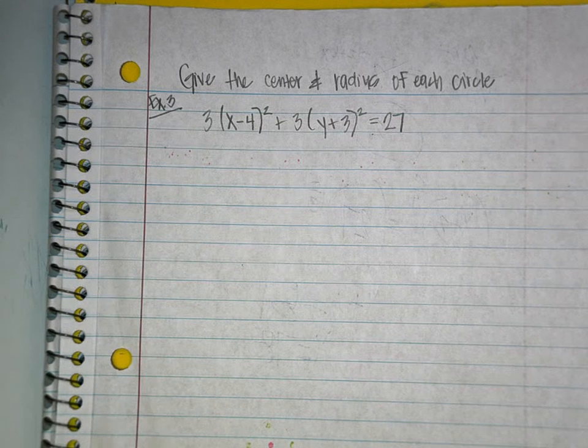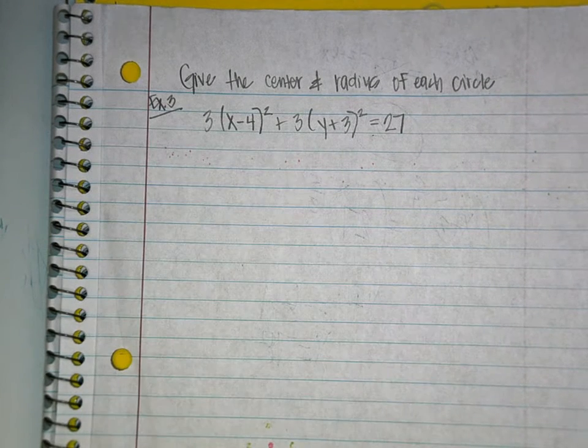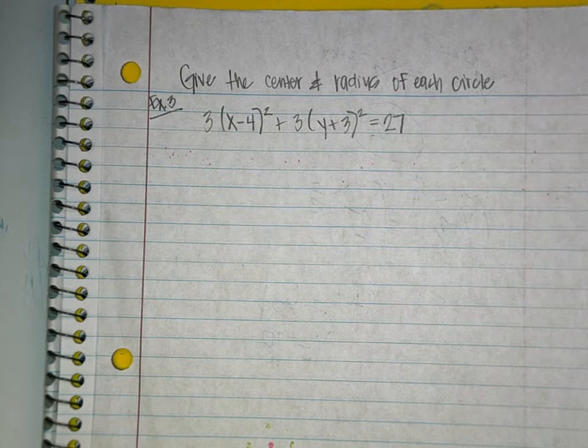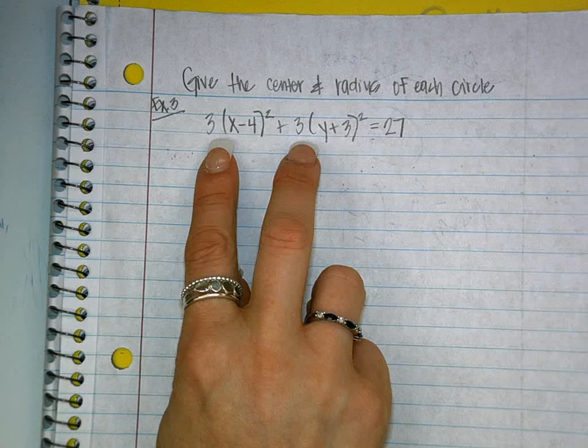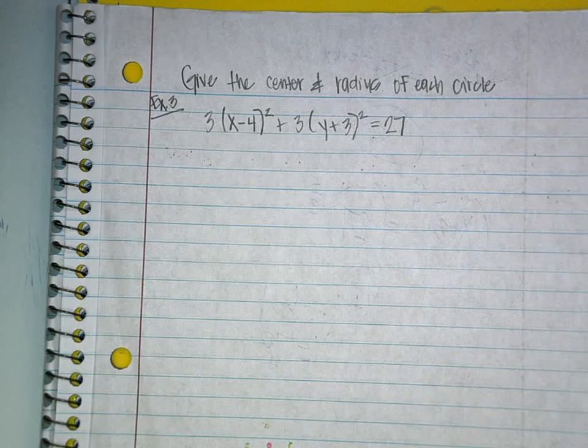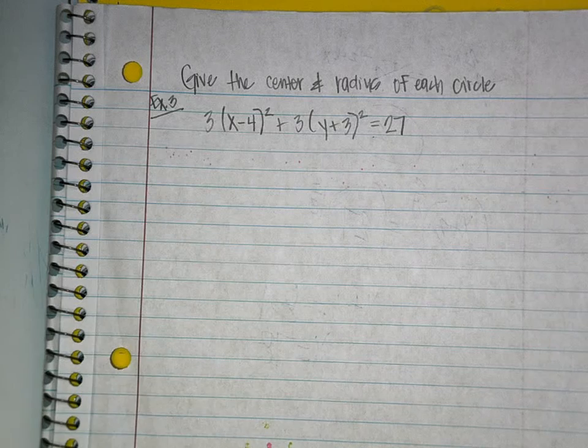If you look back at the standard equation for a circle, what do you notice that's different about this one? There's numbers in front. On the standard equation of a circle, there's no numbers in front, so how do you think you'd get rid of those numbers in front? Factored. Divide them away. They already are factored basically, but we want to divide them away.